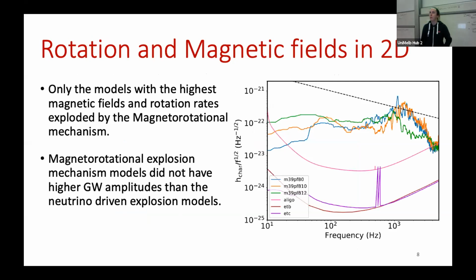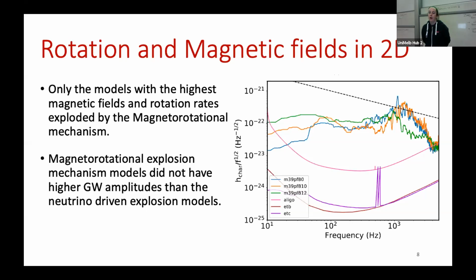And so we didn't know which ones exploded by the neutrino-driven mechanism and which ones exploded by what we call the magnetorotational mechanism, where the explosion is powered by the energy from the magnetic fields and the rotation instead of by the neutrinos. We found out in these 2D models that only the ones with the most extreme magnetic fields and rotations actually exploded by the magnetorotational mechanism, and the rest of them were still neutrino-driven explosions.